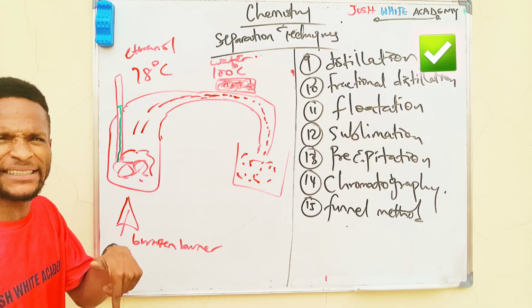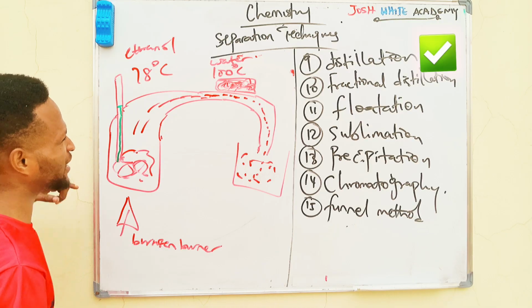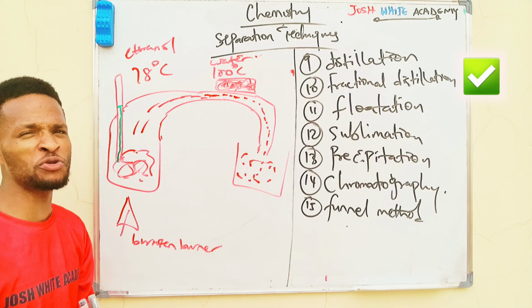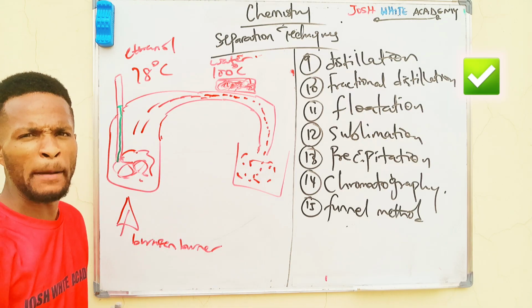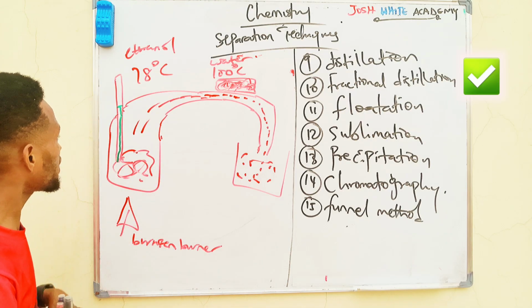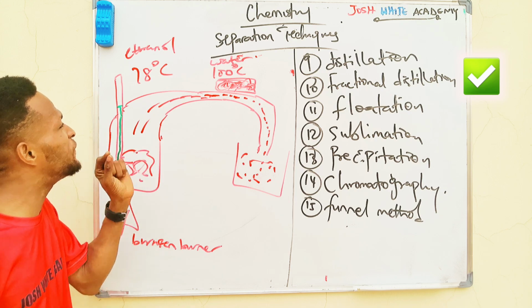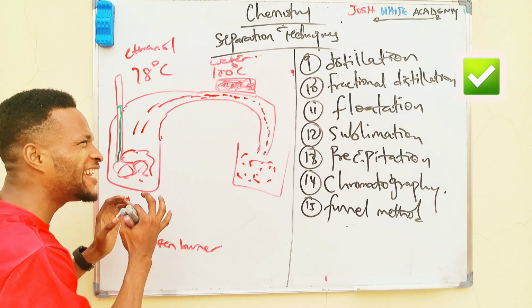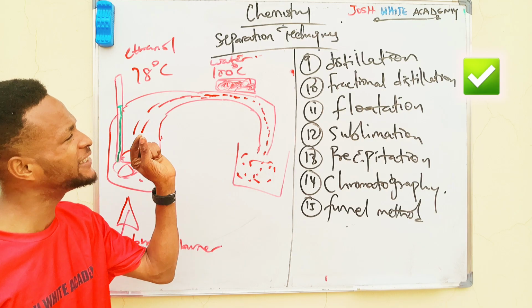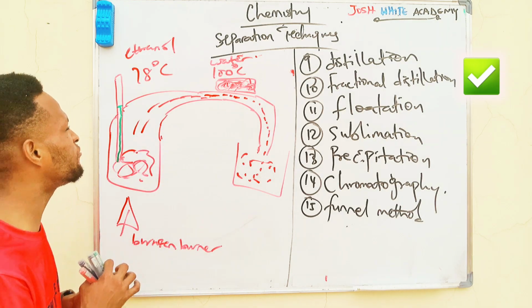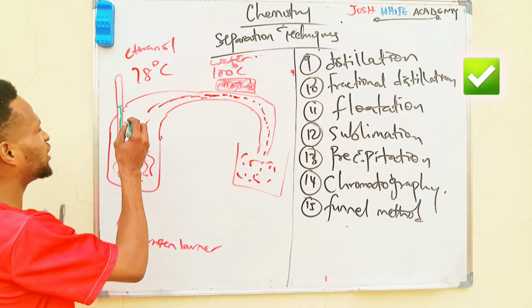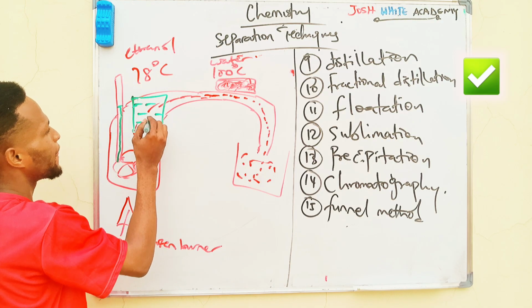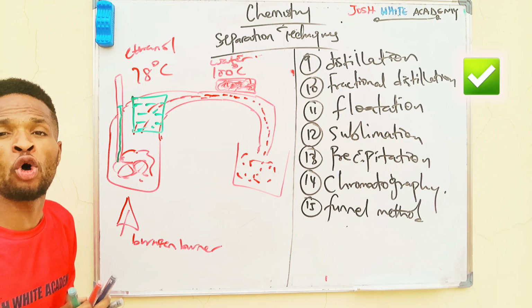That brings us to the next separation technique known as fractional distillation. Fractional distillation is used to separate more than two miscible liquids. Same format. The only difference between the apparatus setup for distillation and that of fractional distillation is the fractionating column.